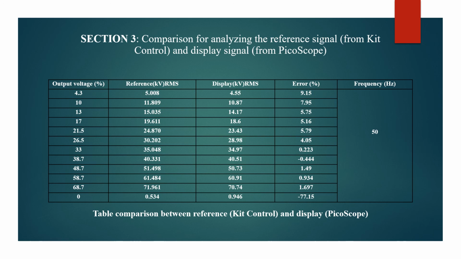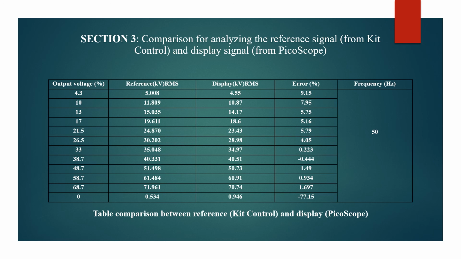And as you can see here, this is the table. From the left here: output voltage in percentage, reference in kilovolt RMS, display in kilovolt RMS, error in percentage, and frequency in hertz.